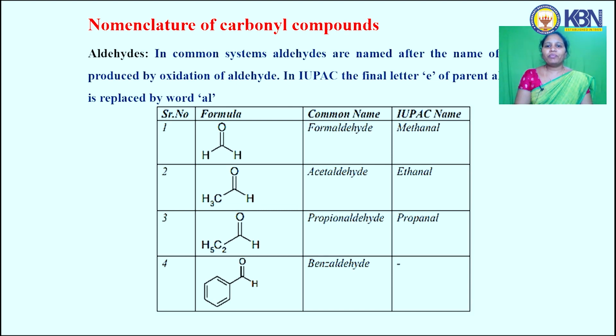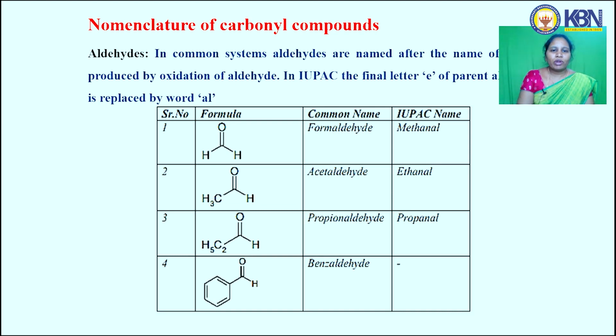In the IUPAC system, the final letter E of the parent alkane is replaced by the suffix Al. Again, the final letter E will be replaced by Al.